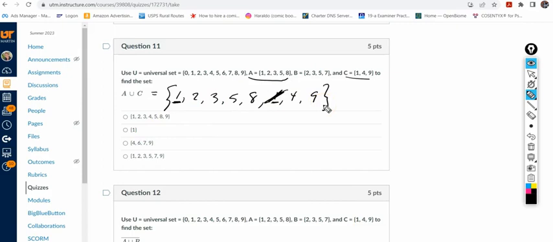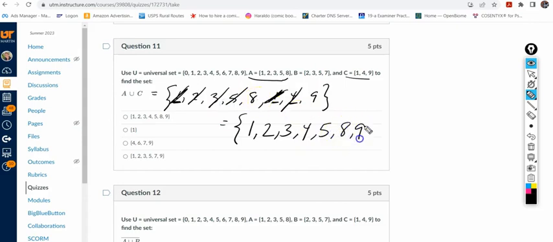And then what they usually do is they'll write stuff in order. Let's try that again. So I'll have 1, then 2, then 3, then 4, then 5, then 8, then 9. So 1, 2, 3, 4, 5, 8, and 9. It's looking like that one there.